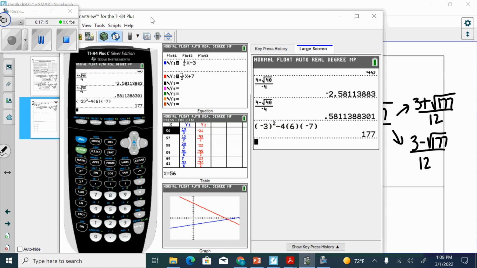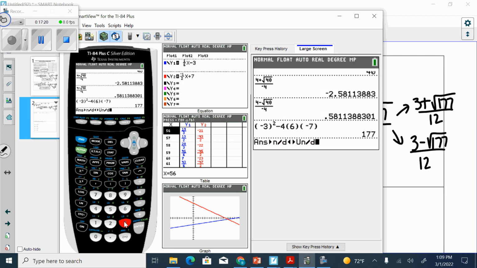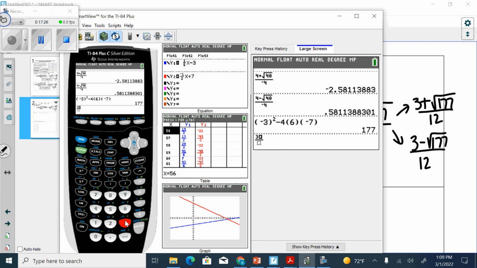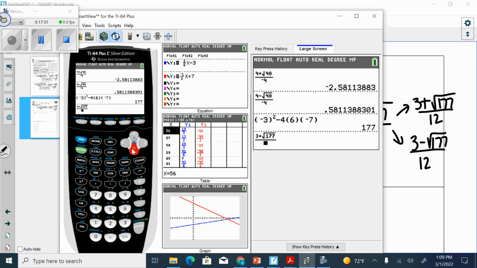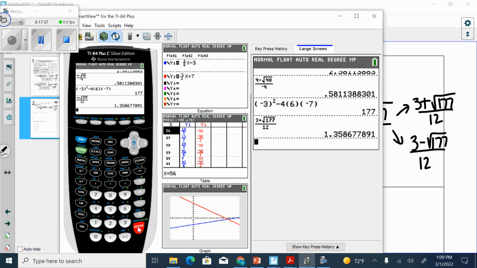So, we've got alpha y equals, enter. 3 plus the square root of 177 over 12. And then I also am going to do, don't freeze on me. Well, calculator froze. I'll go ahead and write down my first answer.